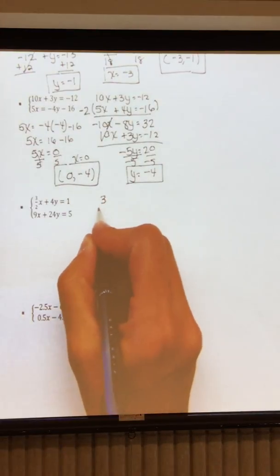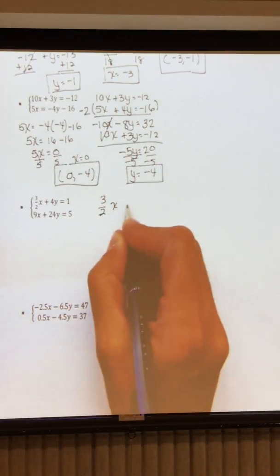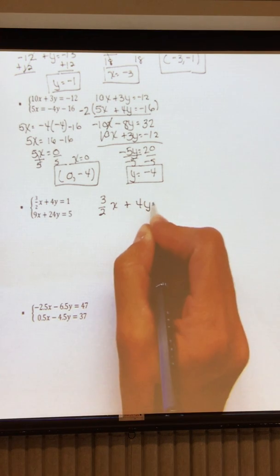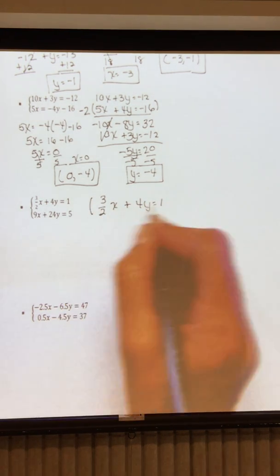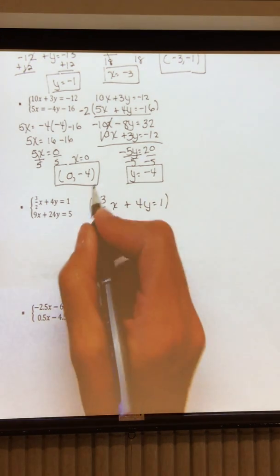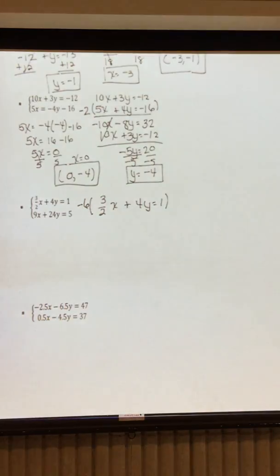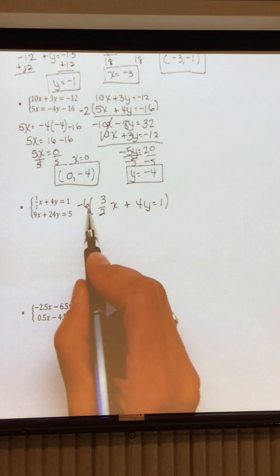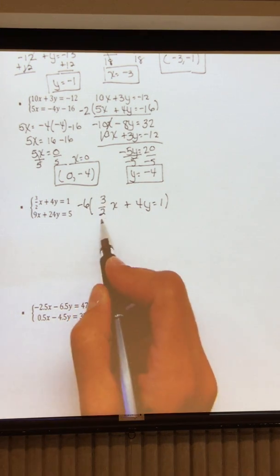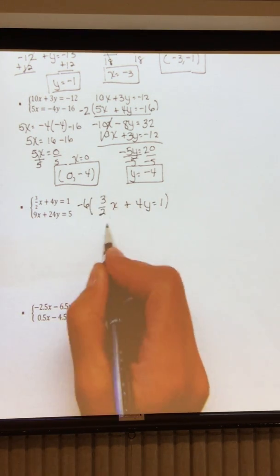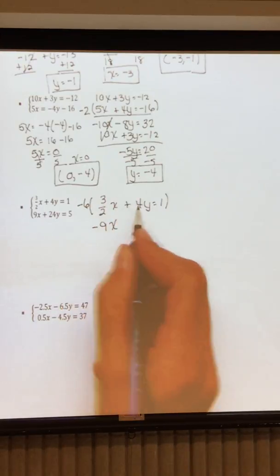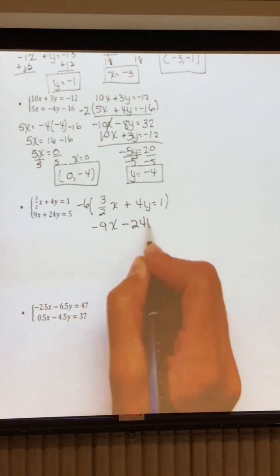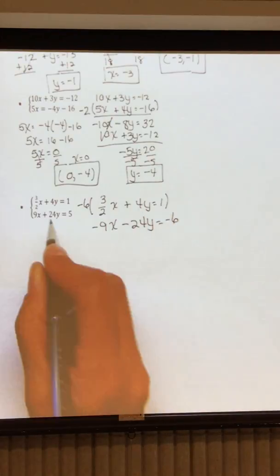Actually, if we multiply the whole equation by negative 6, that way we can cancel our x's. We have negative 6 times 3 divided by 2, negative 18 divided by 2 is negative 9x. Negative 6 times 4 is negative 24y, is equal to negative 6.